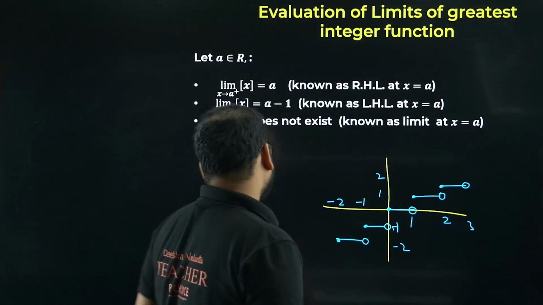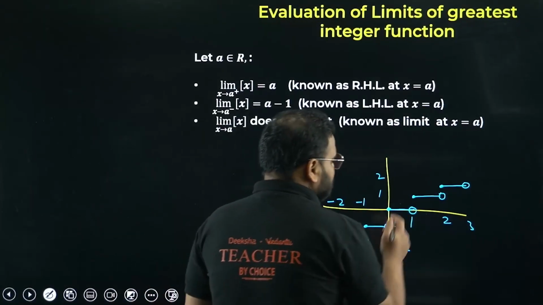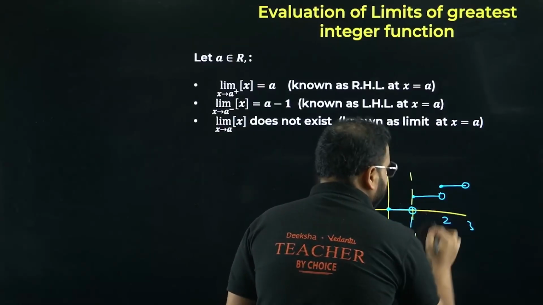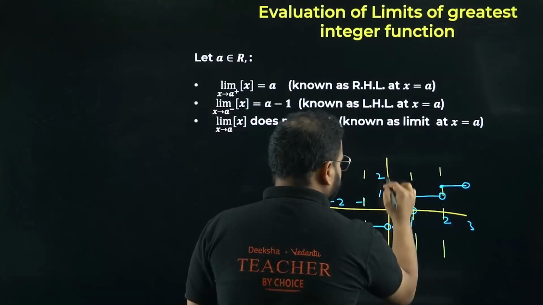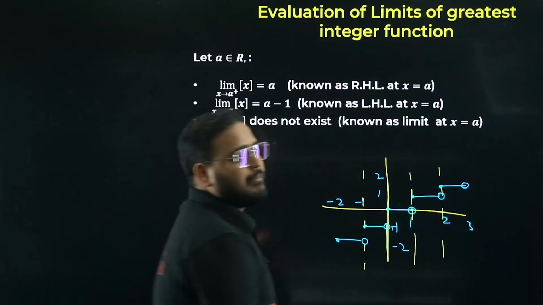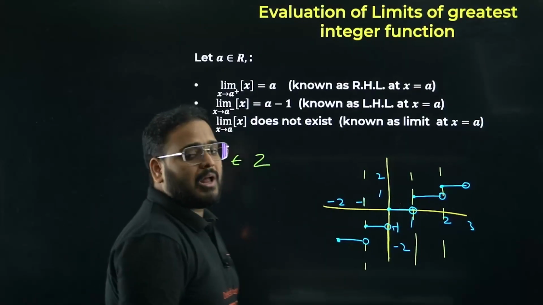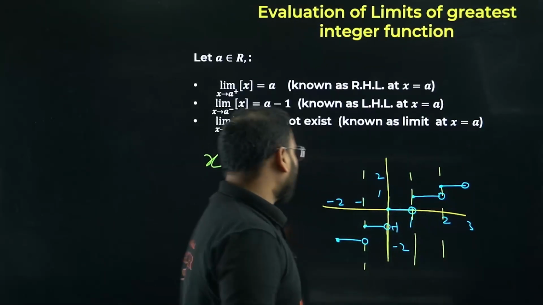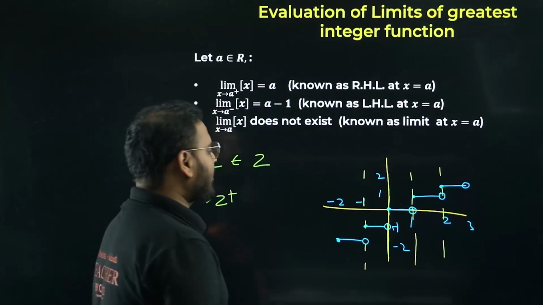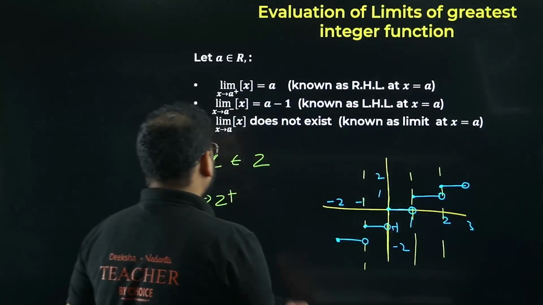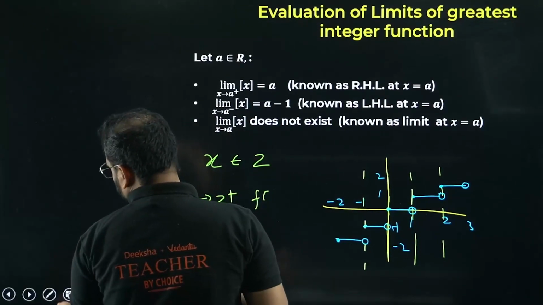So basically, if you check, at every integer, what is happening when x belongs to any integer? After that point, when I'm going to x from the right hand side, I'm finding out the RHL. What will happen? It'll come out as x only.